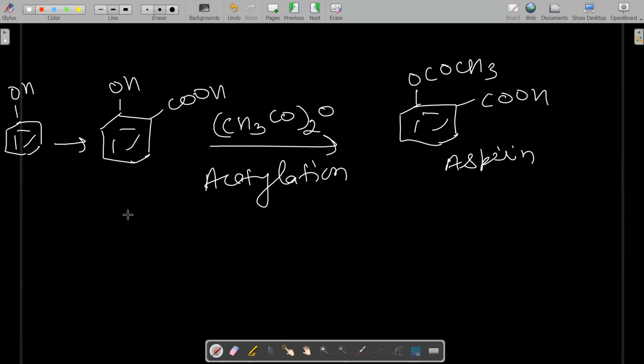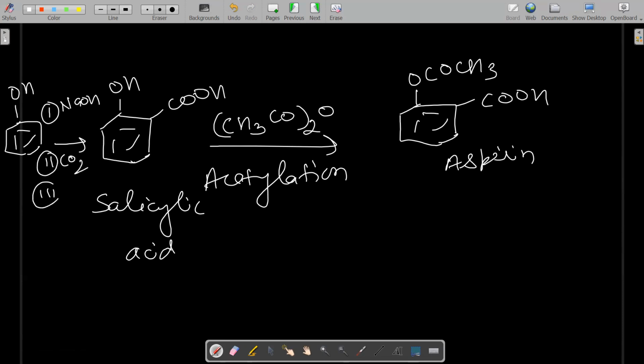First, phenol is converted into salicylic acid using Kolbe's reaction, in which we add sodium hydroxide, CO2, and H plus. This salicylic acid is further followed by an acetylation reaction to form 2-acetoxybenzoic acid, which is called aspirin.